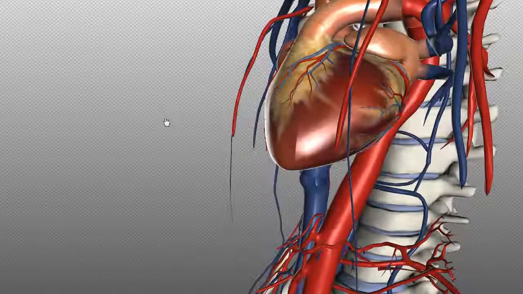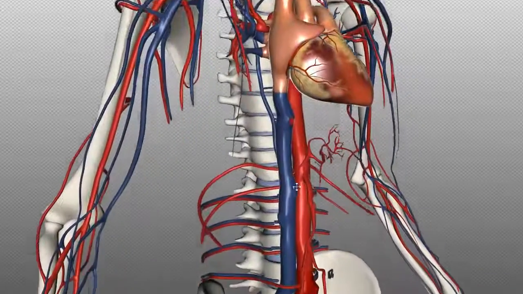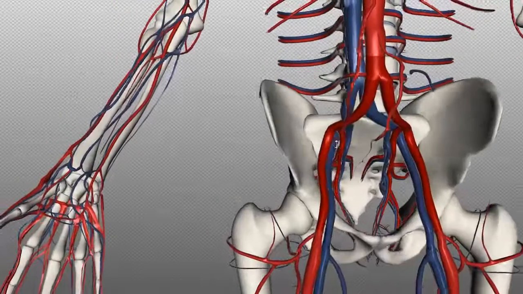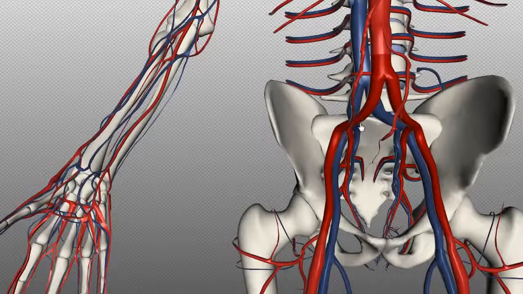So just moving back to where we were, we've got the common iliac veins, which are formed from the external and internal iliac veins merging.